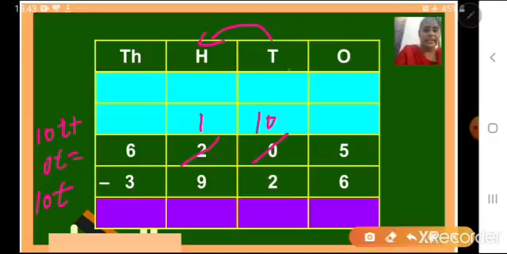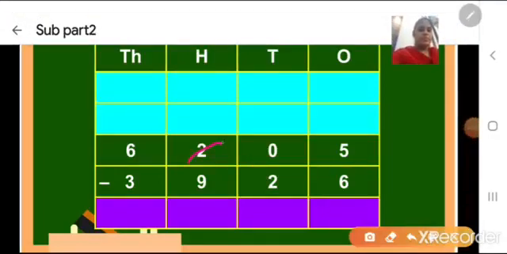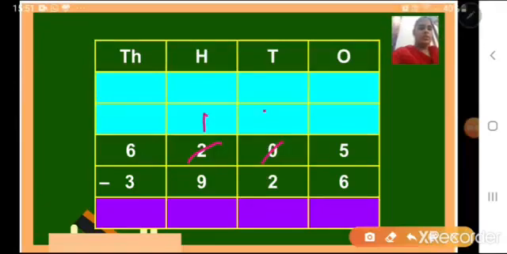Now you can see in tens place I have number 10. So children, as we got number 10 in tens place, number 5 can borrow from tens place. Okay, 10 will give 1. So 10 minus 1 is 9.